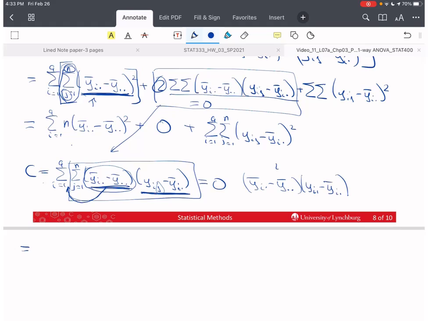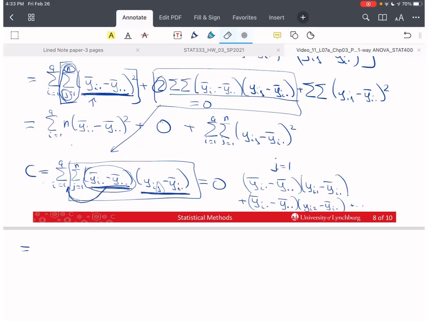This is for j equals 1, plus yi dot bar minus y dot bar times yi2 minus yi dot bar. And it would keep going.